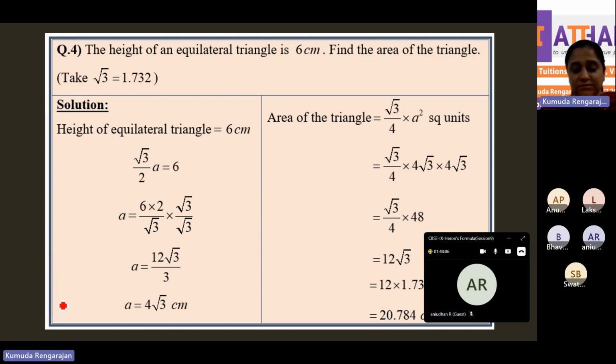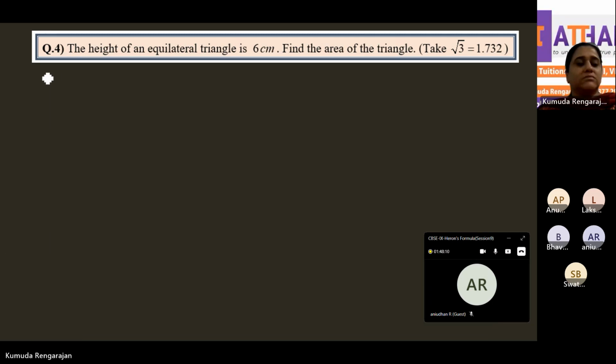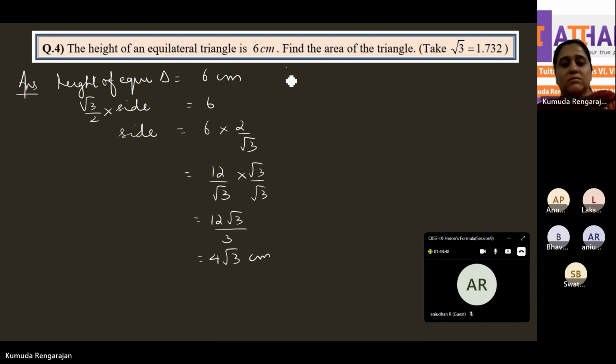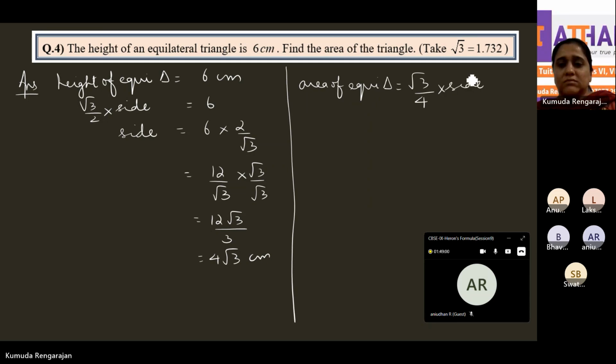Maybe this is 1 minute. Work this. Square units.